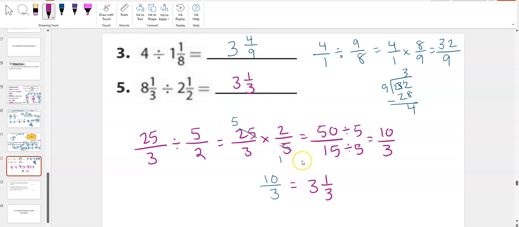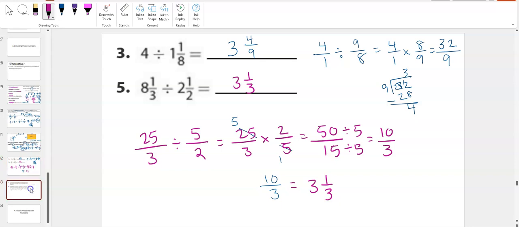Or if I do that cross-canceling, I know that 5 and 25 have 5 in common, so their GCF is 5. If I divide 5 by 5, I get 1. If I divide 25 by 5, I get 5. That way, when I multiply across, I get 10 and 3 right away. It is totally a preference thing, but both ways work.